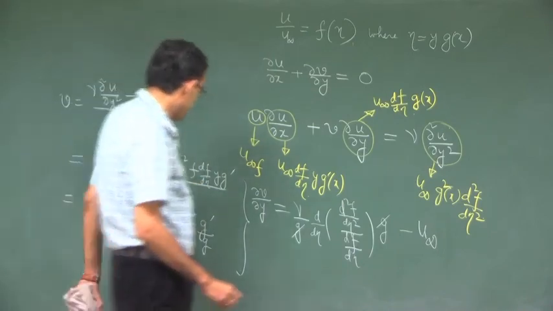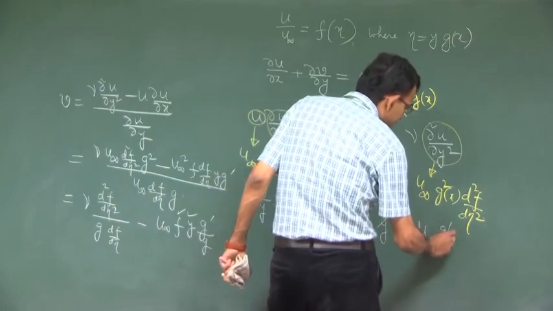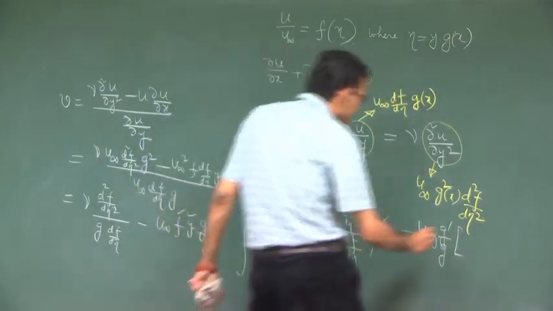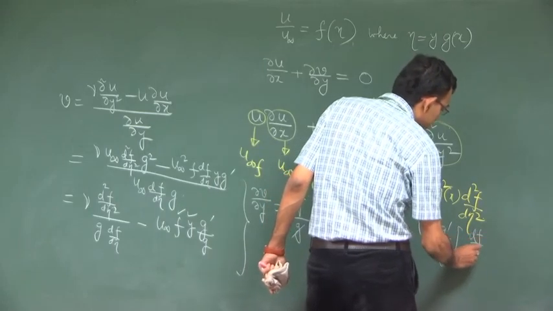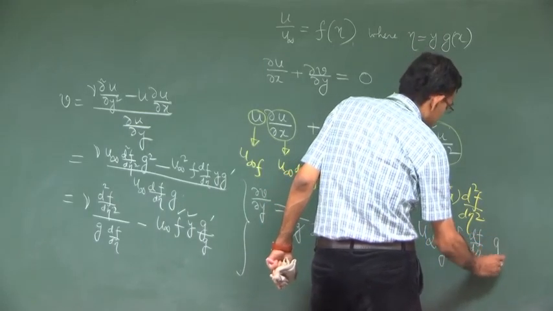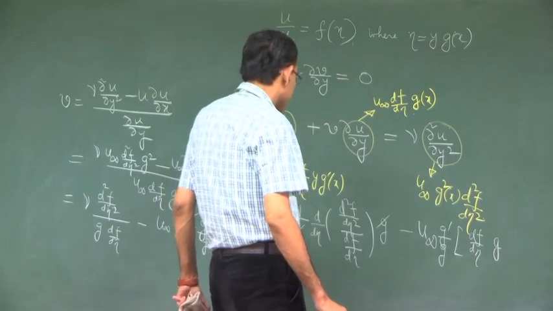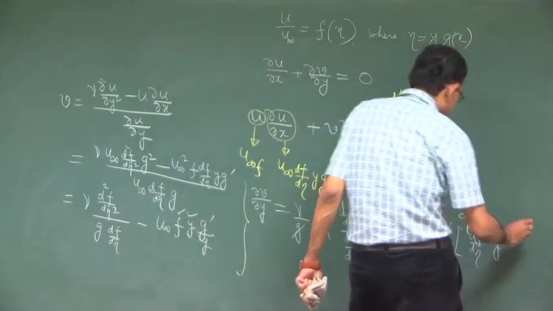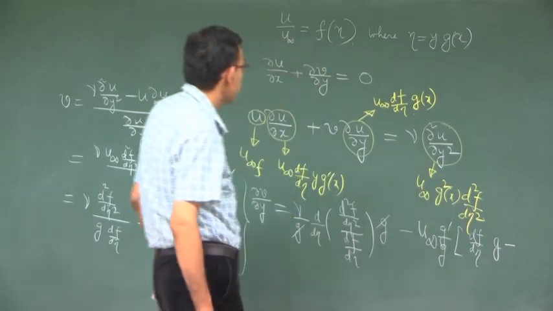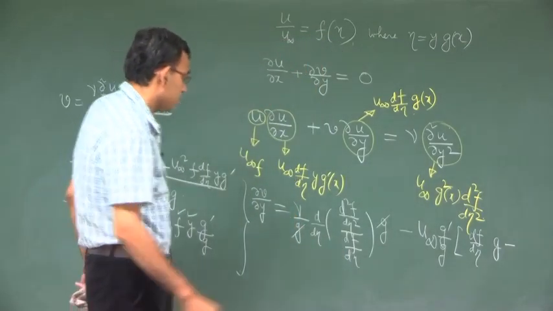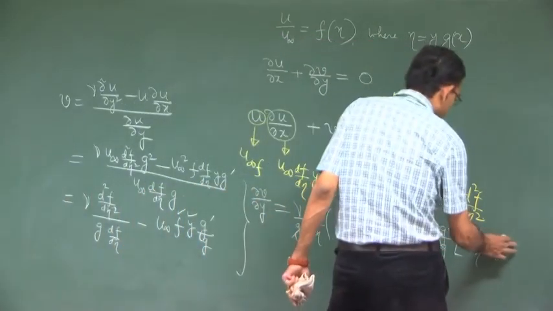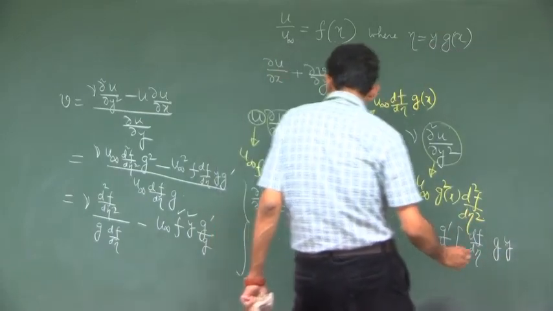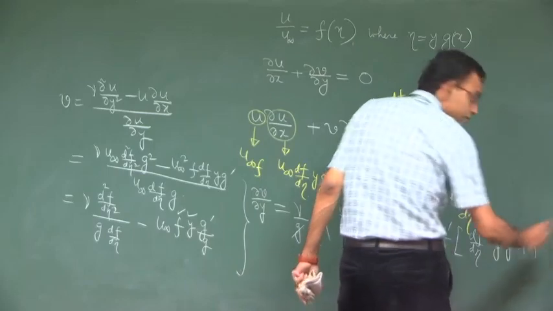So, u infinity g dash by g, let us write, then df d eta into g minus, into y, plus f, right.